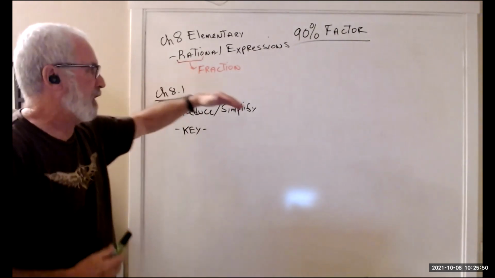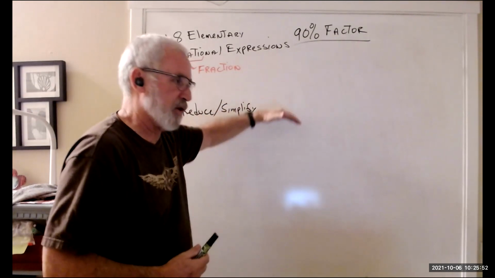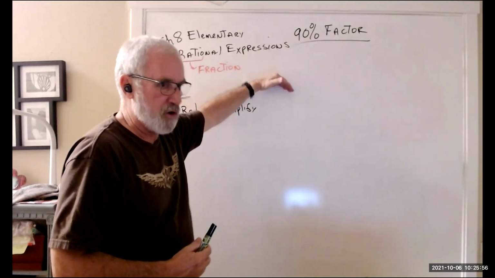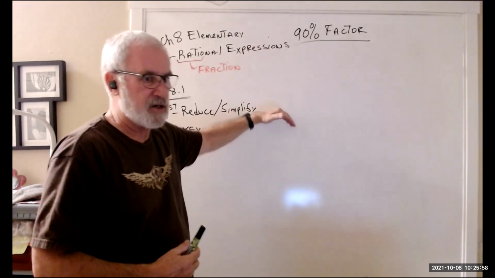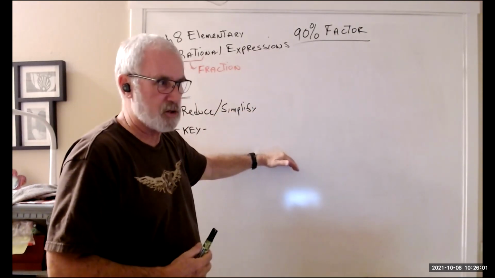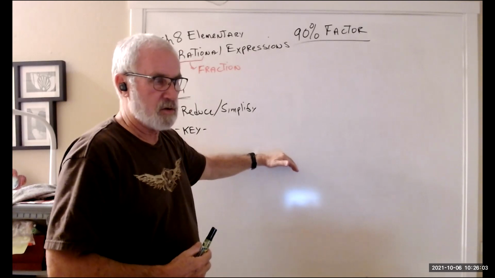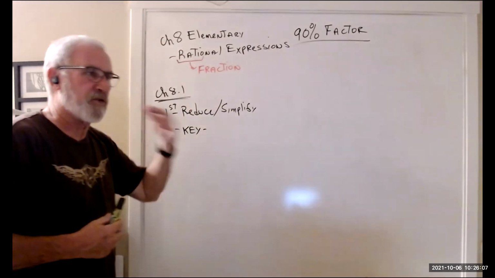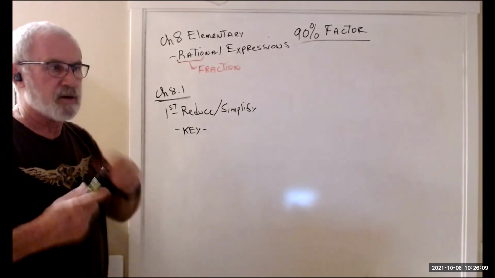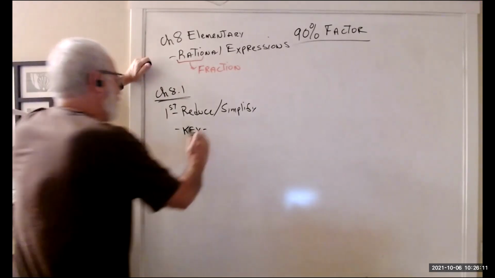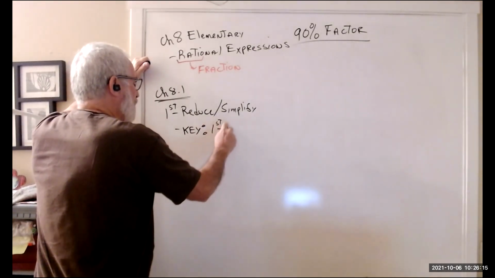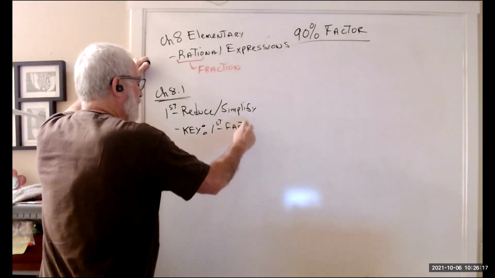They forgot that when I said first, second, third, it means you must do this first, you must do this step second, and you must do this one last. There's a reason I label things as first, second, third, because that's the order in which you attack the problems. So the key for all of these is first, you factor completely.